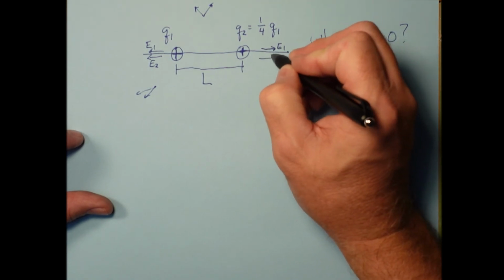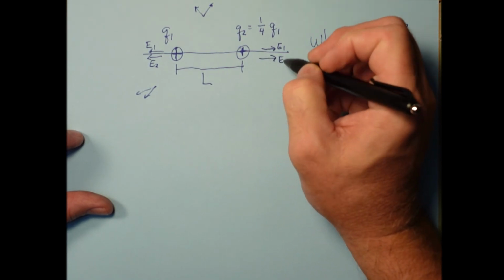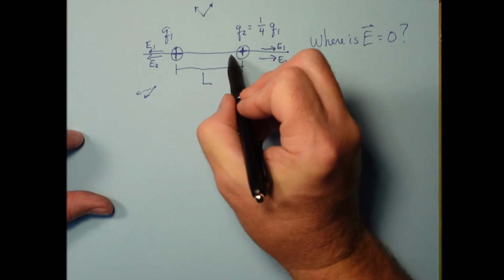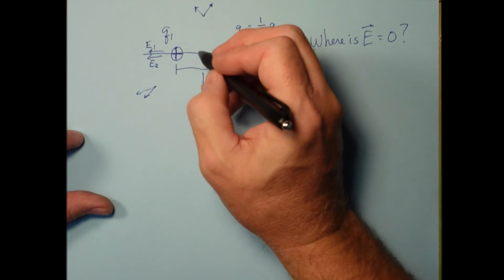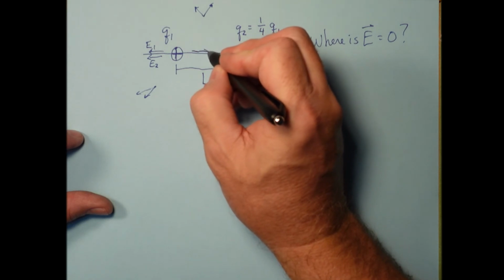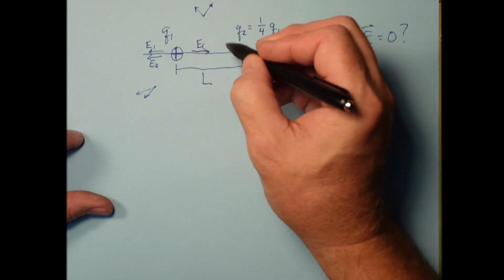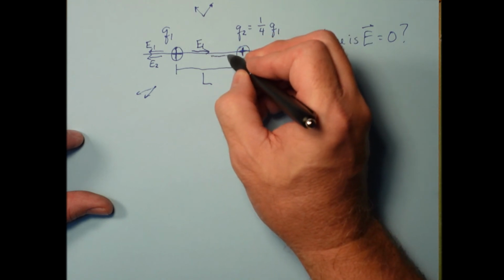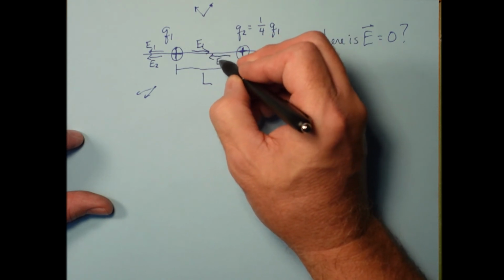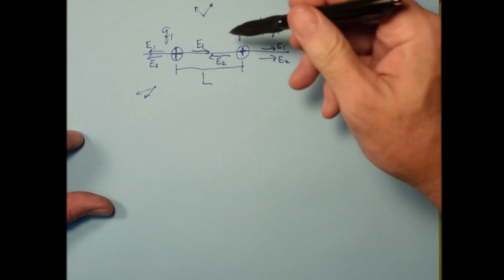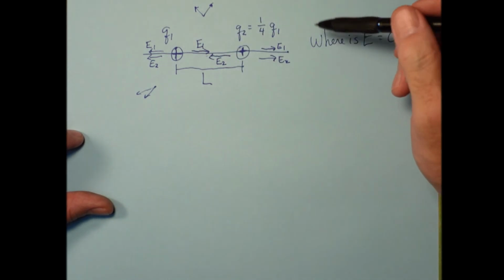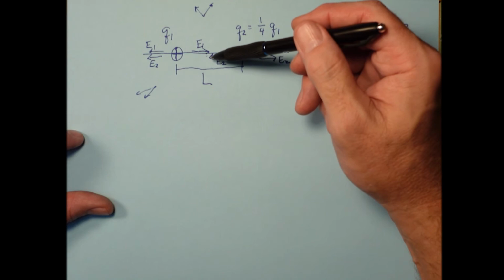E1 is going to point that way and E2 is going to point that way. But somewhere along the middle here, E1 is pointing that way every place along the line. E2 is pointing in the opposite direction, like that. So those could potentially cancel if their magnitudes are equal.